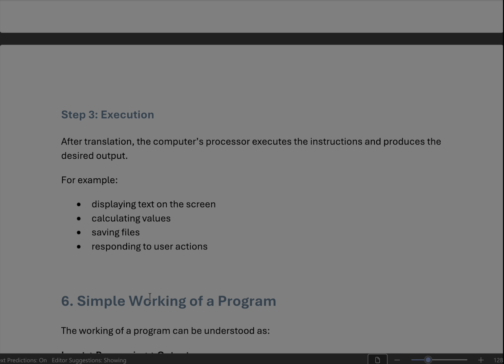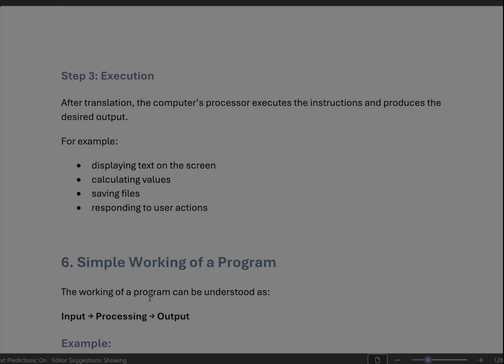And then the execution: after the translation is done, the computer processor executes the instructions and produces the desired output. Like it will display your text on the screen and perform some calculations, or if you have done something related to files, like saving the files, or if you want the machine to respond to user actions, the execution part would be done.